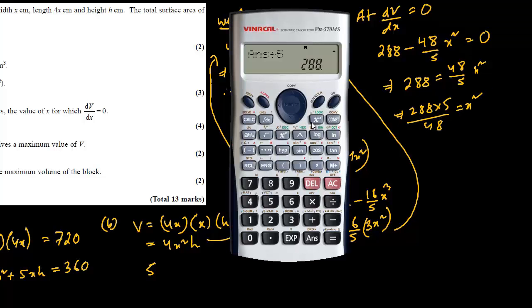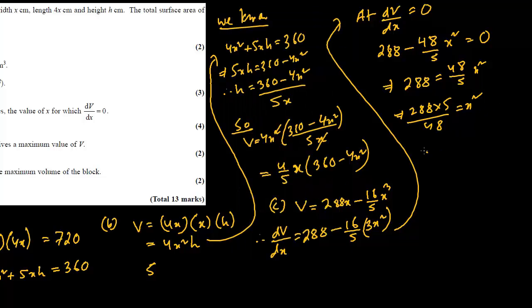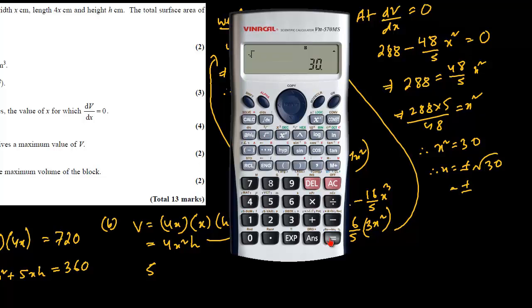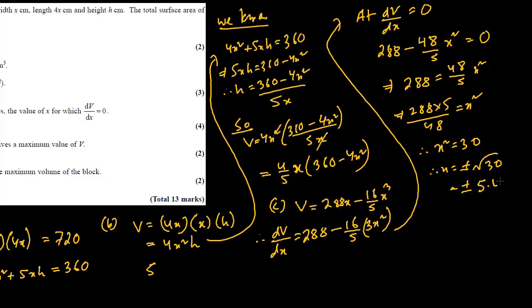That turns out to be, so 288 into 5 divided by 48, that is 30. So therefore, x squared equals to 30. x equals to plus minus square root of 30, which is plus minus, to 3 significant figures, 5.48. Now they ask for the value of x. Now since this is a practical question where we have a box, since x cannot be negative, in that aspect we can just write the value of x to be positive, 5.48. That's good enough over here.